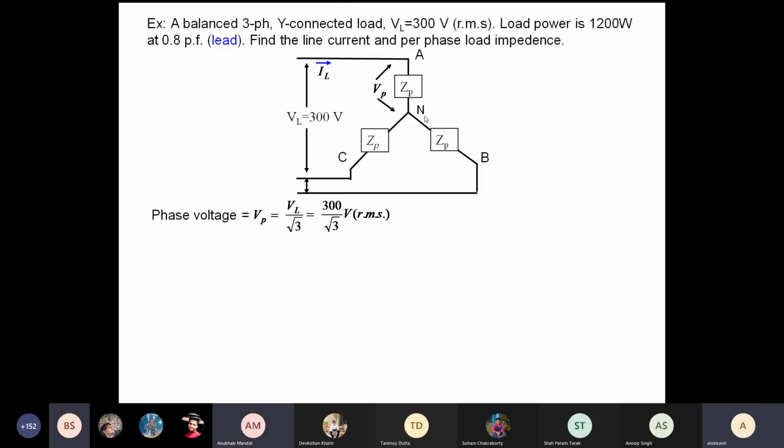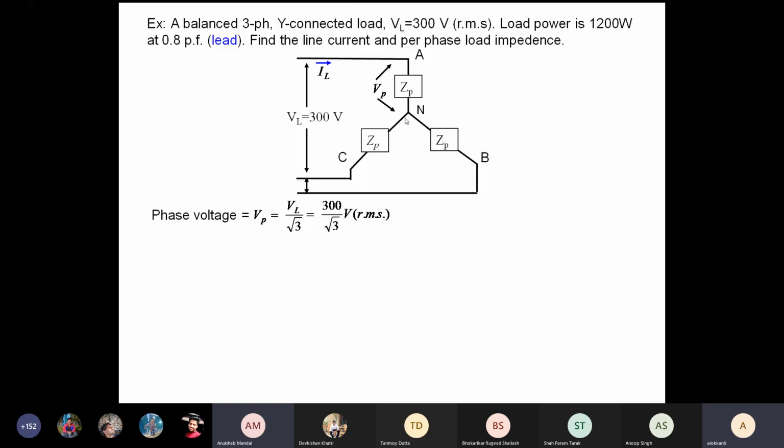The line current is directly entering the phase.